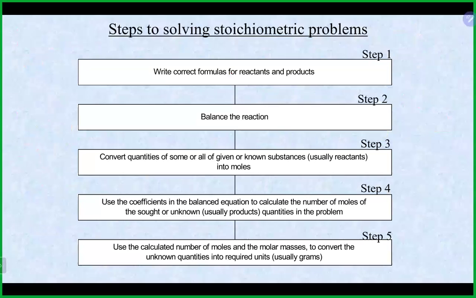All right, so these are the basic steps for stoichiometry problems. What you want to do is write the correct formulas for the reactants and products, and make sure that you have the right formulas and the balanced equation. I would say most of the time you will be starting probably at step number 2, which is making sure that you have a balanced equation.